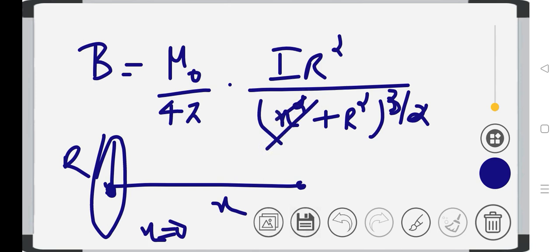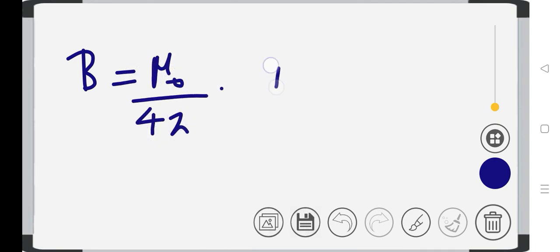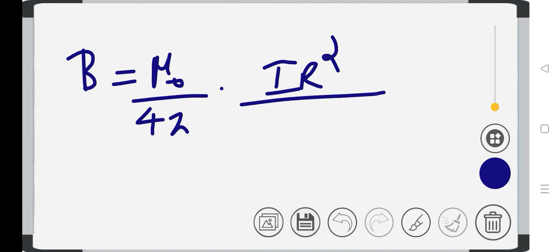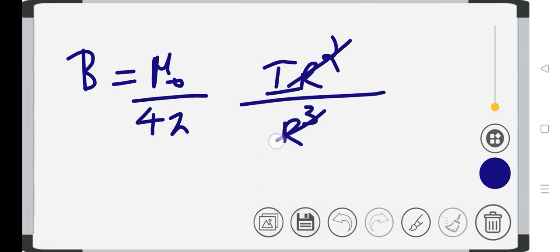So we can cut this x. What we get, B equal to mu 0 by 2 into I r square, and in the denominator we have r square raised to 3 by 2, that is r cube. So r square and r cube we can cut, and what remains is r.